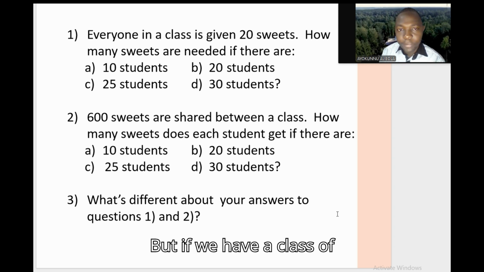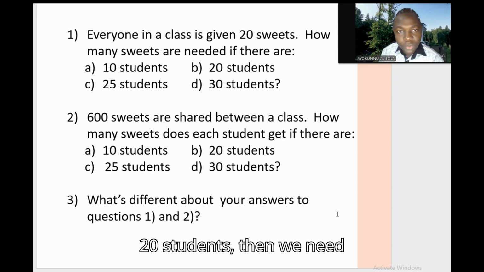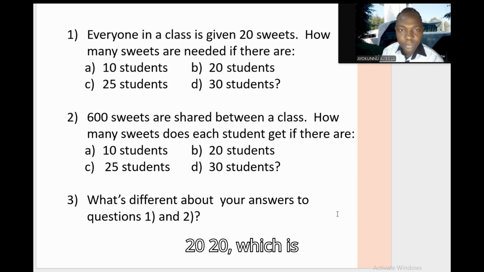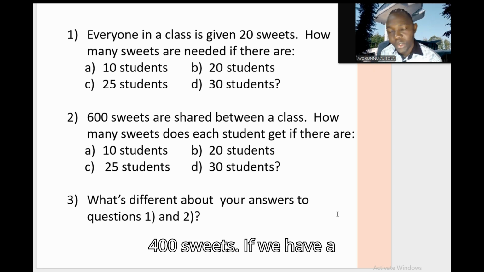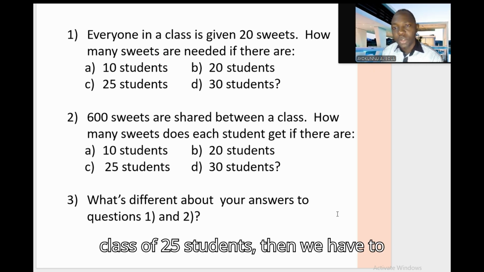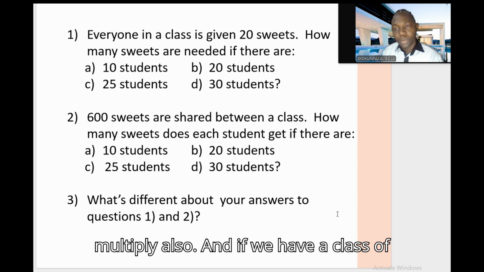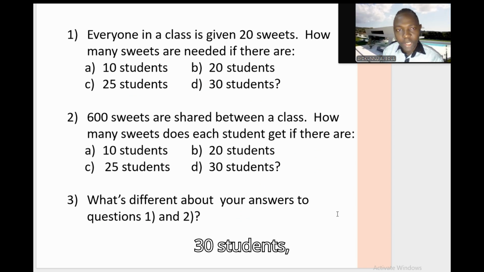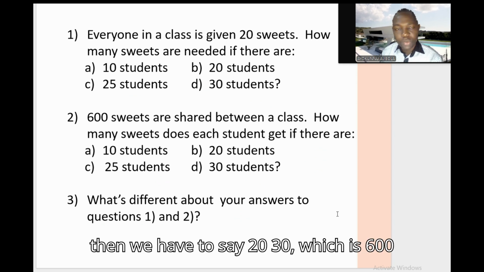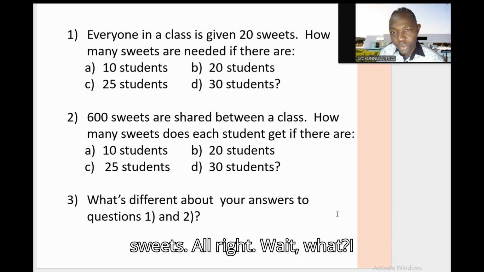If we have a class of 20 students, then we need 20 times 20, which is 400 sweets. If we have a class of 25 students, we multiply also. And if we have a class of 30 students, then we have 20 times 30, which is 600 sweets.